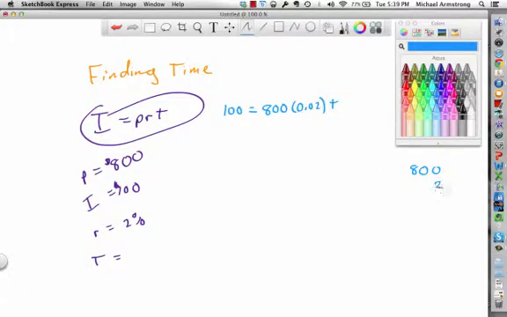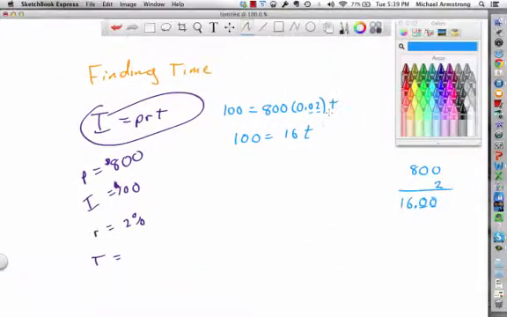But I'm just going to do 800 times 2. That's something I can do in my head because 8 times 2 is 16 and I keep those 2 zeros. But then I remember that there's 2 decimal places, so I'm going to have to come back 2 decimal places and put 16 in. So 800 times 2% is 16. So this times that is 16, so it's 100 equals 16t.